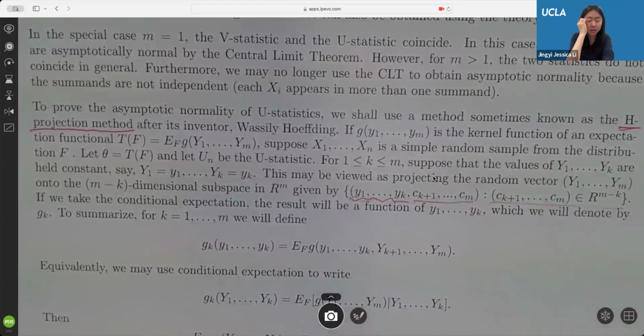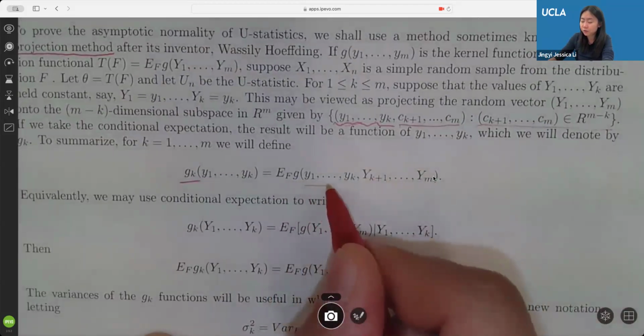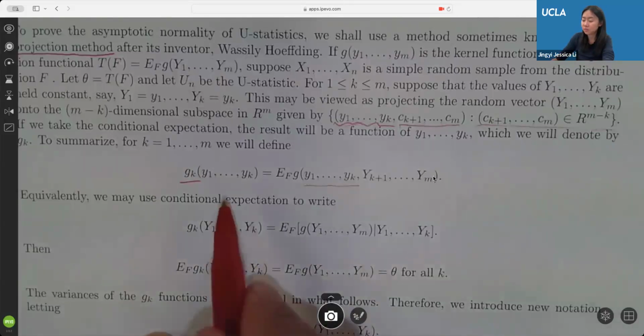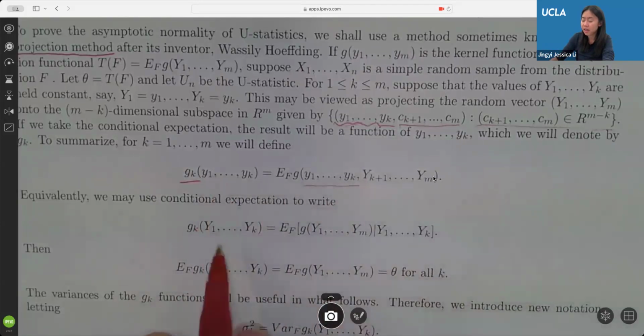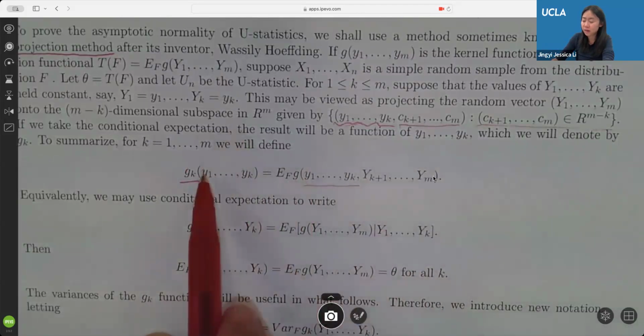To summarize, for k going from 1 to m, we will define this g_k function as the expectation functional, but having the first k dimensions fixed. And we're only taking expectations for the latter dimensions. Okay, so you see this is what we're doing. So these are fixed. And now you can randomize everything.